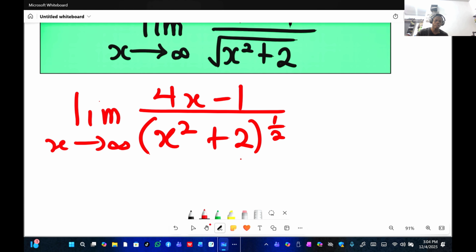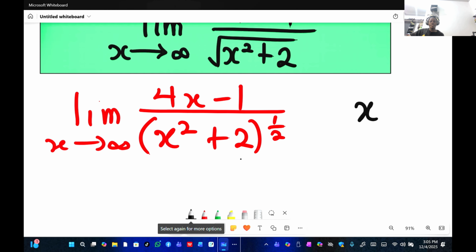Because we have the square root in the denominator, you can't pick the x squared as the x with the highest power. So we are going to use x to divide through.